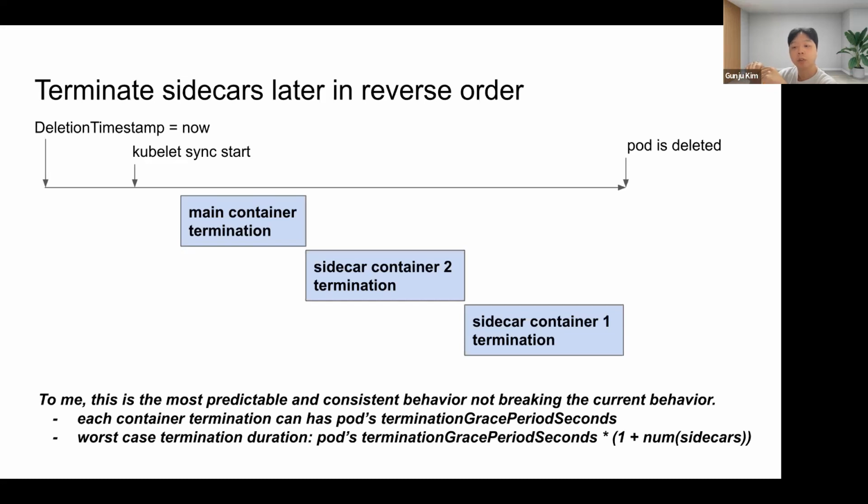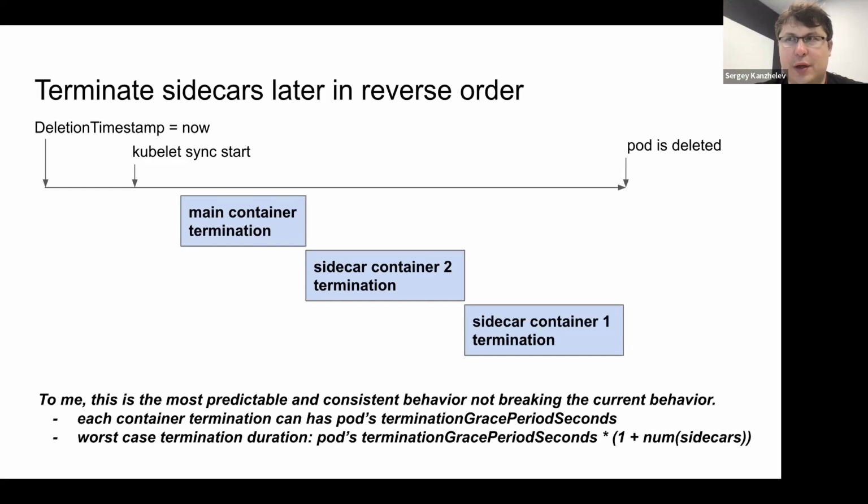So we have to calculate the termination duration from the deletion timestamp and the pod's termination period seconds, and pass that termination duration to the container runtime, which is not the current implementation. So that is the reason I say that this is a breaking change.